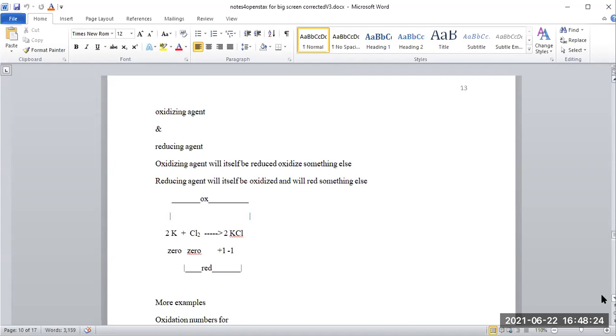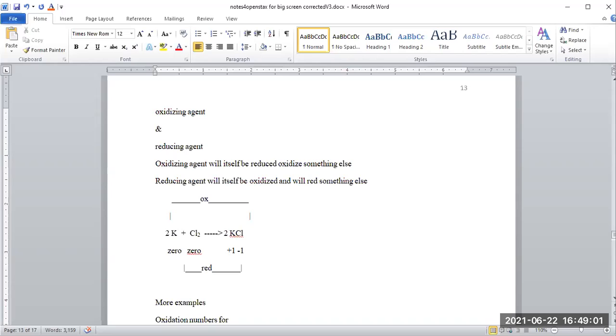So if I pick on potassium and chlorine, I've got a metal and a non-metal. My potassium is 0, my chlorine is 0. Over on the other side, underneath the K and the Cl, my potassium is +1, my chloride is -1. So my potassium is the one getting oxidized, because it's going up to +1 since it started out life as 0.